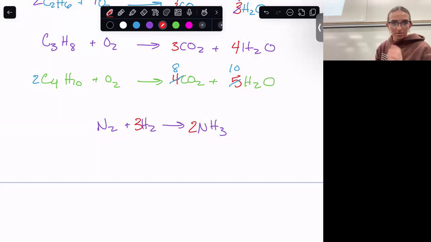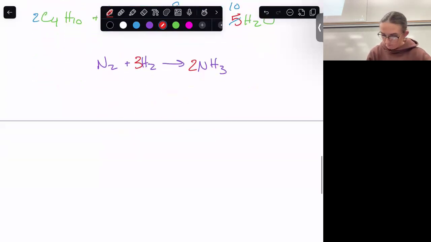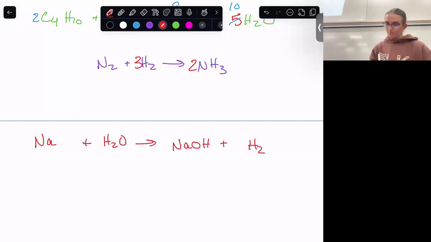Let me see if I have an example of that. Right, if we have sodium and water forming sodium hydroxide and hydrogen gas, I'm not going to start by balancing my hydrogens.